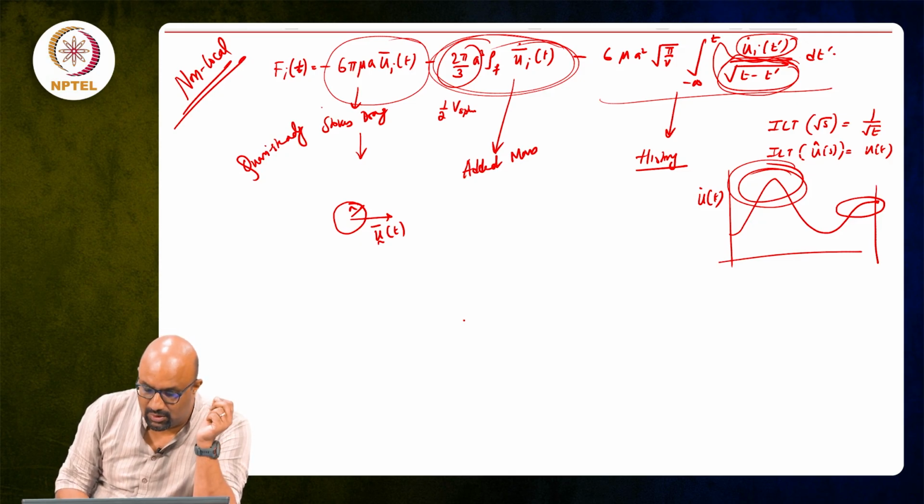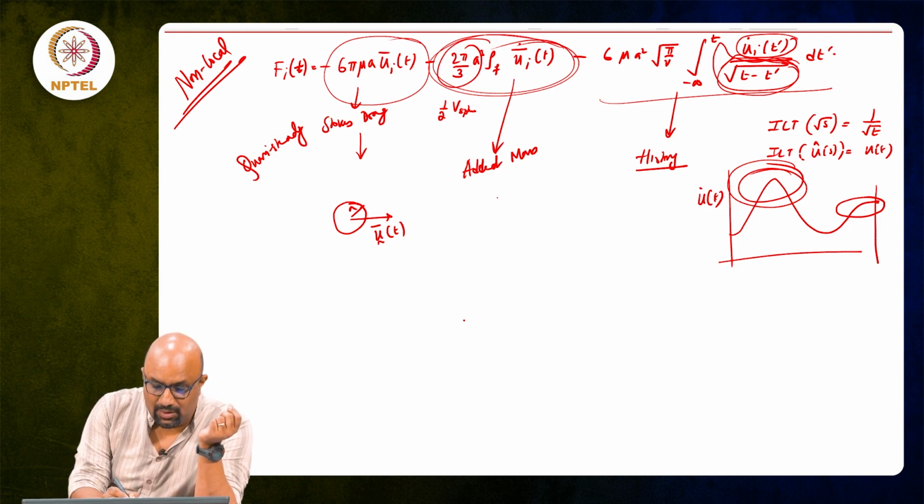But then we also encountered two new terms that came in the problem. The next term is a term that has to do with the acceleration of the fluid, or the particle in this case. So, the fluid is at rest. So, if the particle is accelerating, the next term that we had for a spherical particle is the mass of the fluid displaced into the acceleration, half of that.